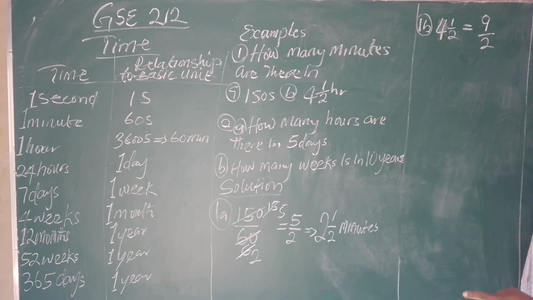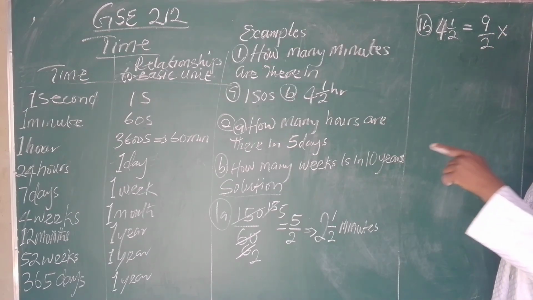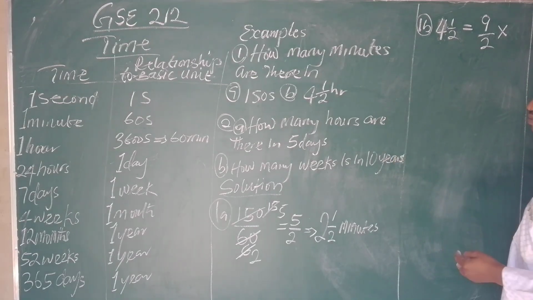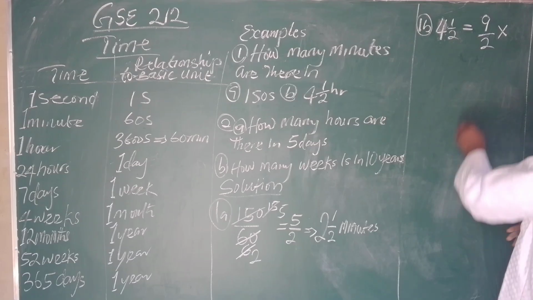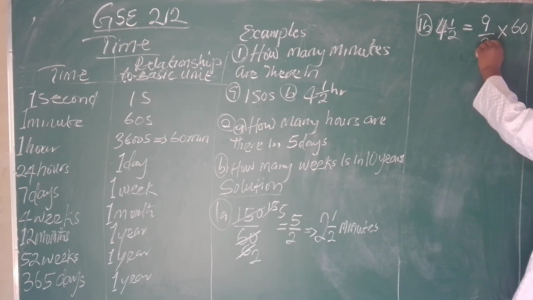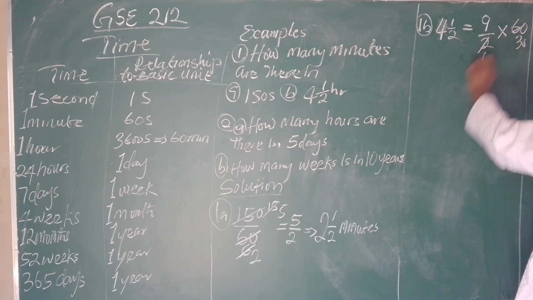Then remember, we are looking for the minutes. Then we say times, and each hour is equivalent to 60 minutes. So we say times 60. What next? We can simply say that 2 here, 1, 2 here is 30.